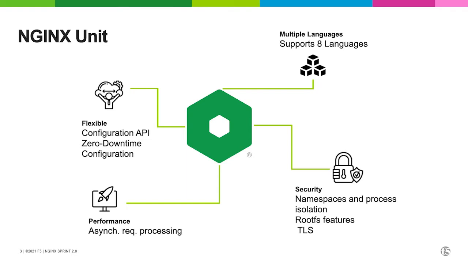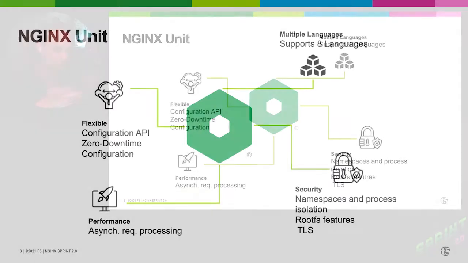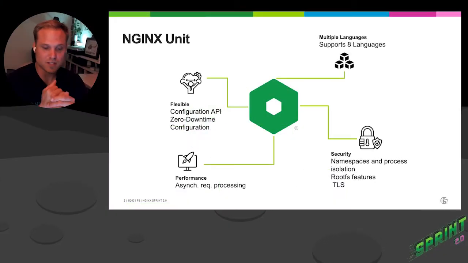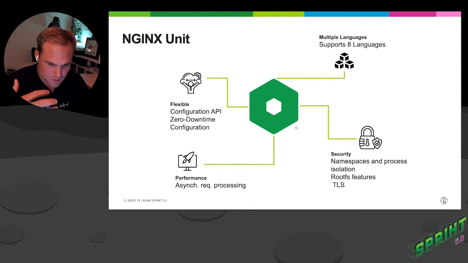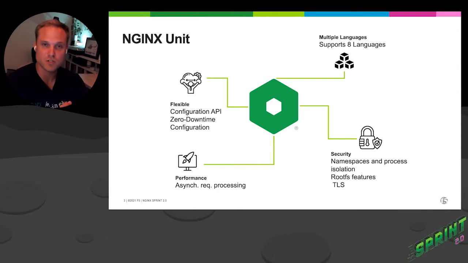So that means you can have your Java app running on the same app server as your Ruby applications, or static files like images, JavaScript files, CSS, whatever is needed to deliver your services and your applications to your customers.